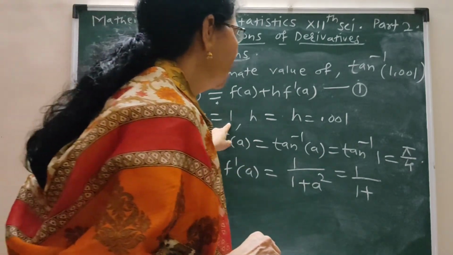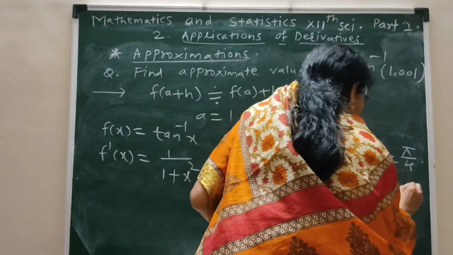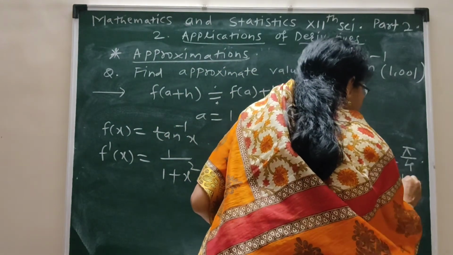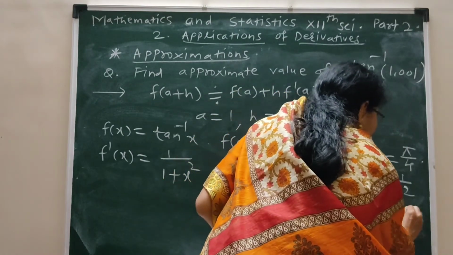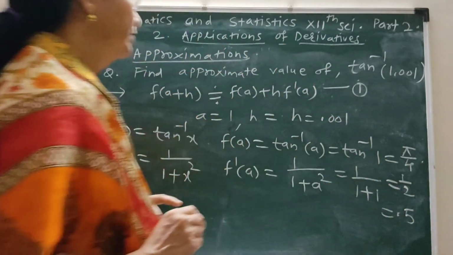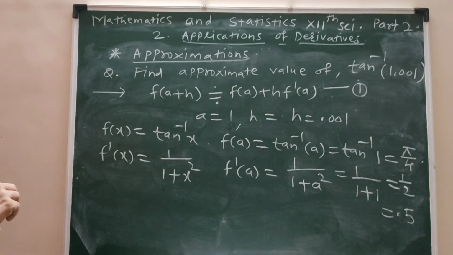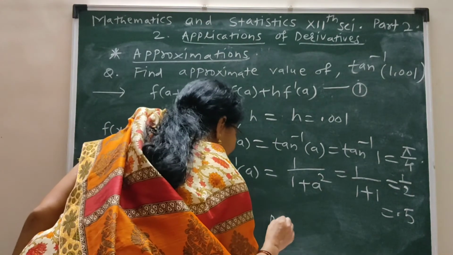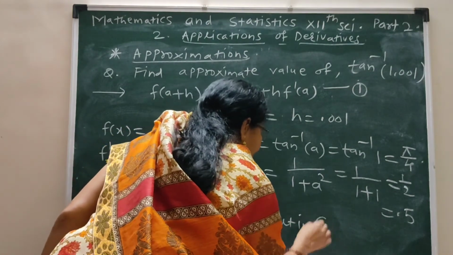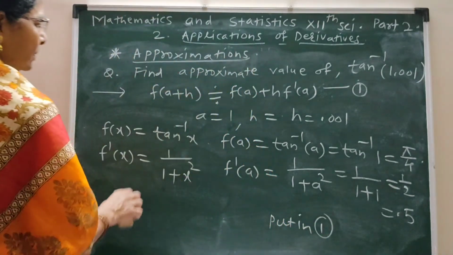A is 1, a square is 1, so it is 1 half, which is equal to 0.5. Now put all these values in equation 1.